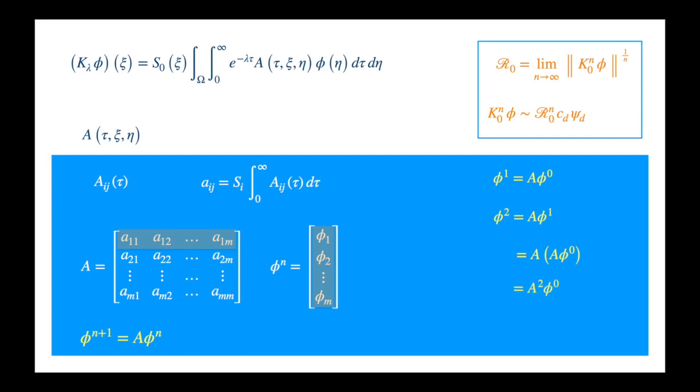So we get A squared, meaning multiplying the generation 0 distribution by A squared gives us the second generation distribution. And then we can say that multiplying the generation 0 distribution of infectives by A to the power n will give us the distribution of the infectives in the nth generation. And now it's easy to see how the eigenvalue and eigenvectors come about.